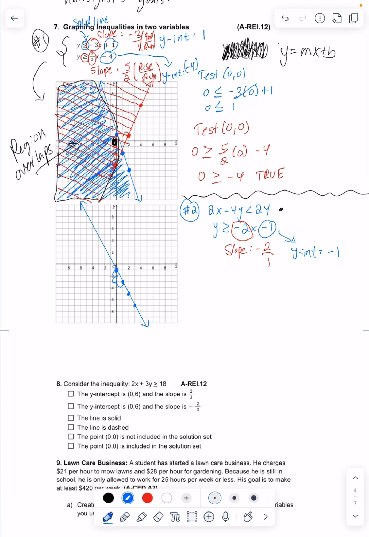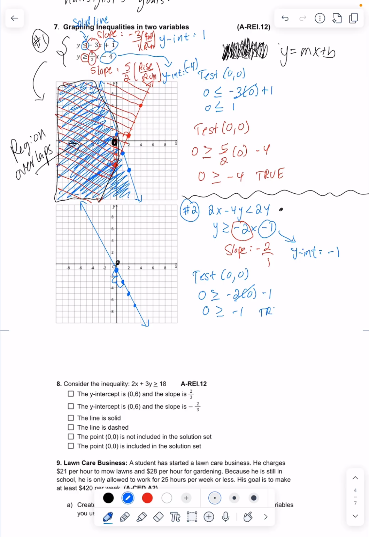And again, we want to test a point here. So 0, 0 is now on this right-hand side. So we're going to test 0, 0, and we get 0 is greater than or equal to negative 2 times 0 minus 1, which is negative 1. Is 0 greater than or equal to negative 1?